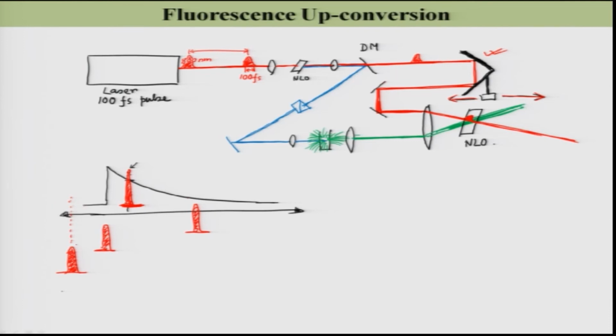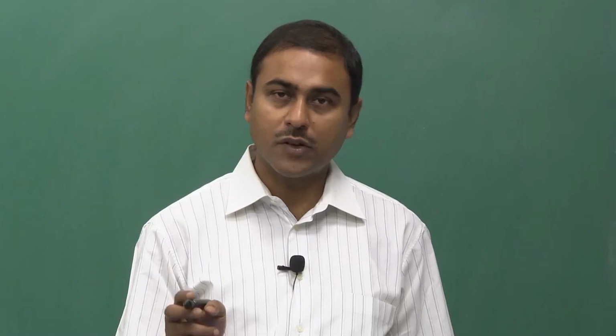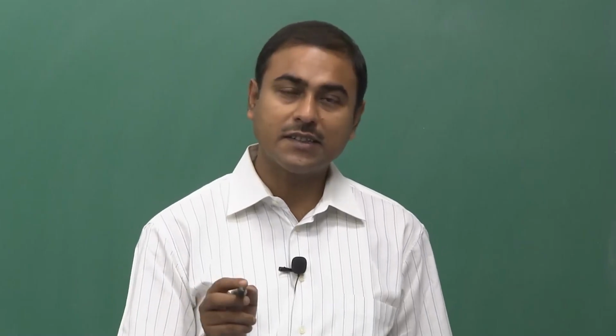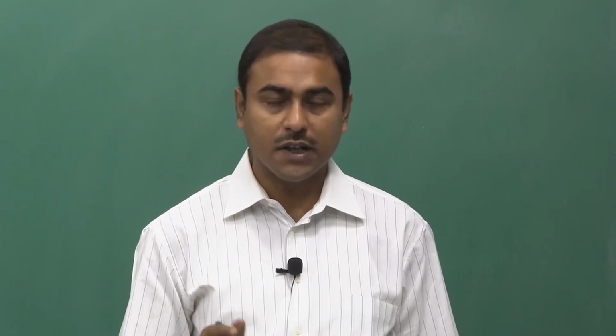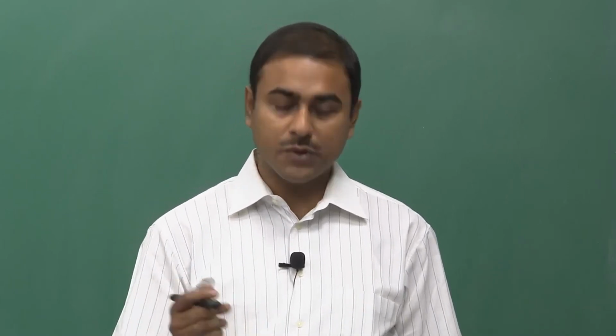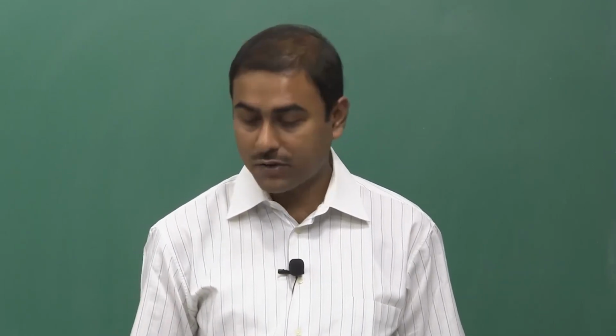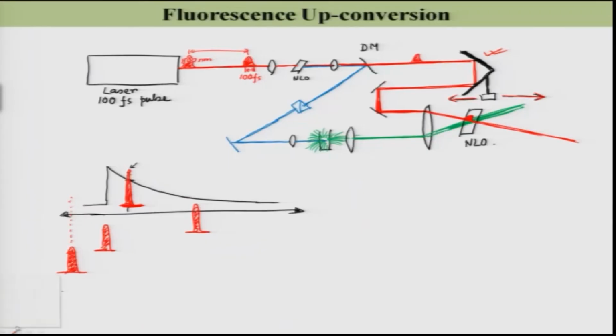You remember omega 1 plus omega 2, but it has its E 0 1 and E 0 2 for these two components. If one of them is 0, that product will be 0 automatically. So, I will not get any signal in this direction, right.